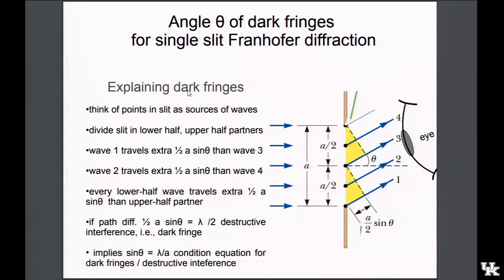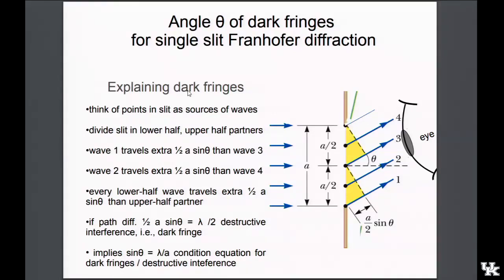As I say, we're going to look at some equations for single-slit and multi-slit, and some illustrations and examples. But this is to explain how single-slit diffraction occurs, the formula that lies beneath single-slit diffraction.